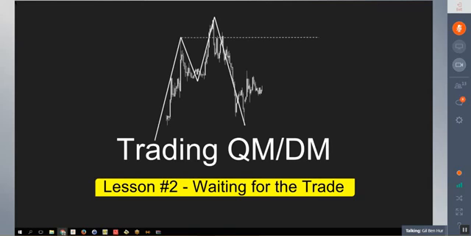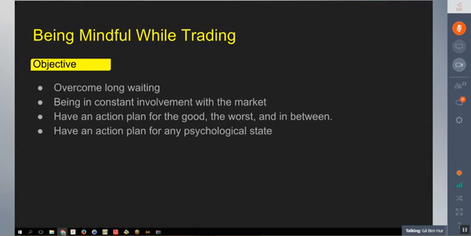Once we find a Quasimodo at the right location, we should erase everything to a blank page and just work on that and on the levels that may influence the scenarios that are going to happen next to our Quasimodo. Okay, so let's begin this lesson and see what I've prepared for you.